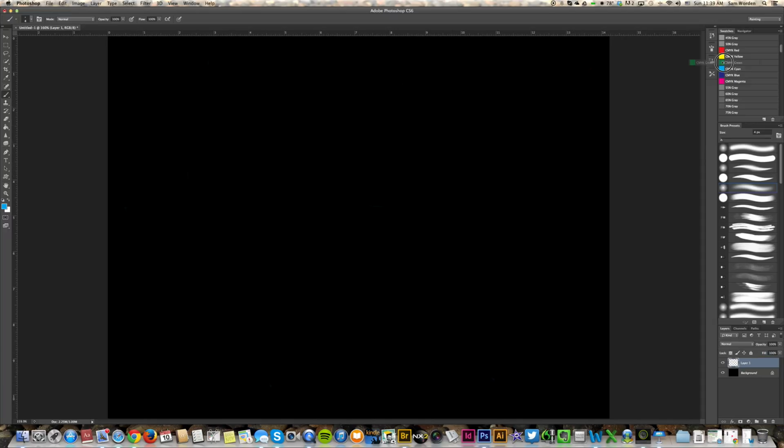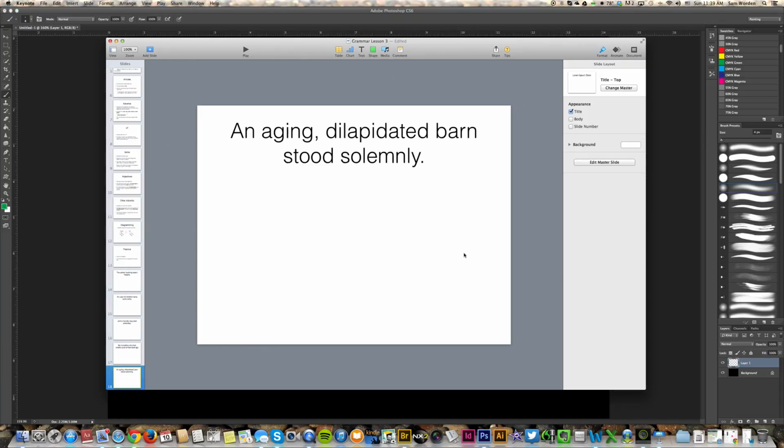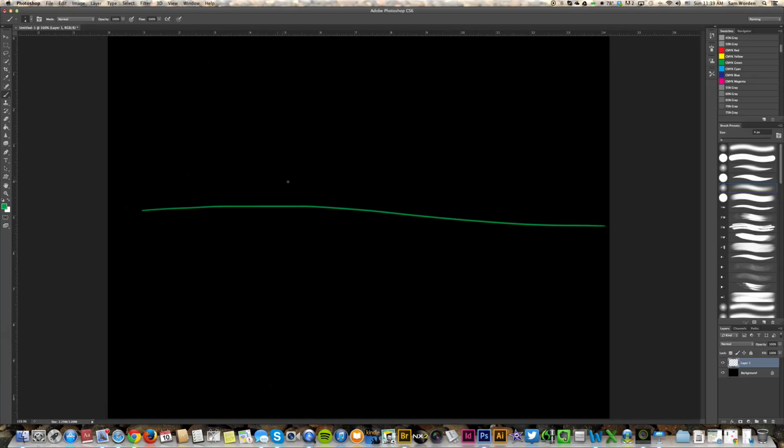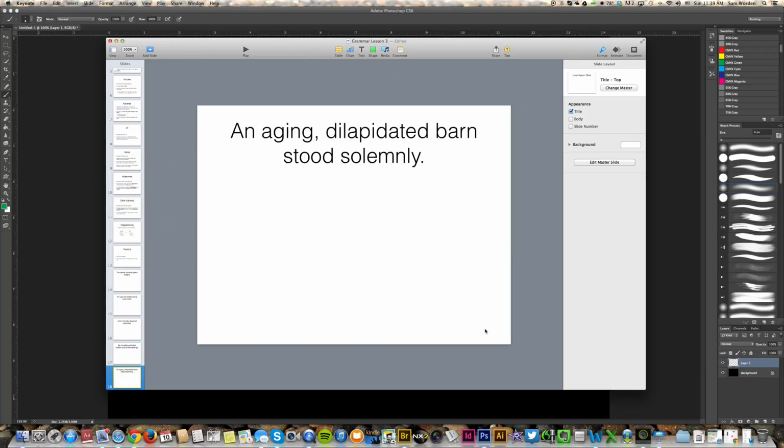Let's change color again just for fun. So, okay, there's my nice straight line. An aging, dilapidated barn. Sometimes use commas in between your adjectives when you're having different things describe your subject. Stood solemnly. So who stood? The barn. Stood. How did he stand? Solemnly. Did I spell that right?